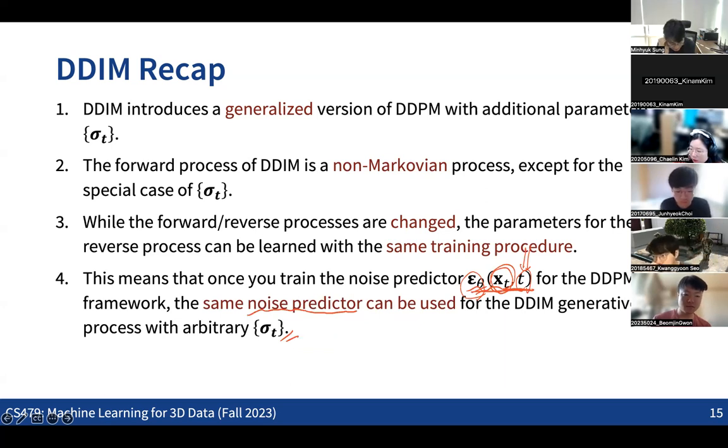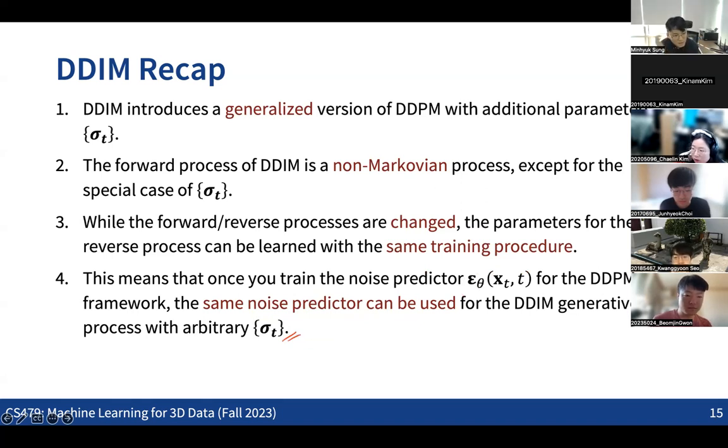So for the DDIM generative process, you don't need to train a different noise predictor. You can use the same noise predictor while running a different reverse process, the generative process, even when you vary the sigma as you want. That's the most important part.